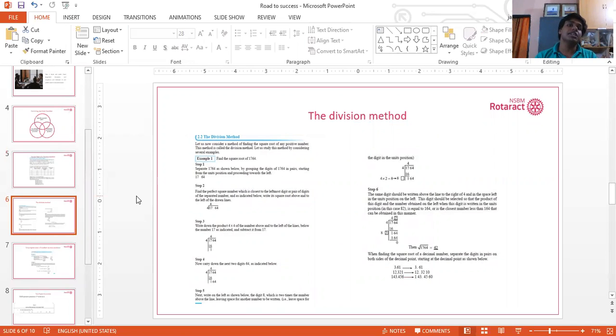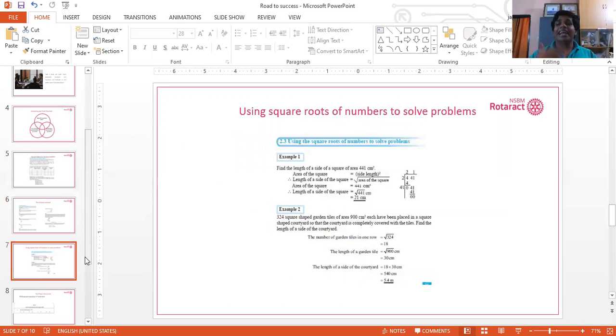The division method is very, very important. Even though the approximation method was asked in both past papers, the division method is much better for bigger sums like 1764. Then we moved on to using this in finding area and volume related applications, because that is the ultimate thing in this chapter.